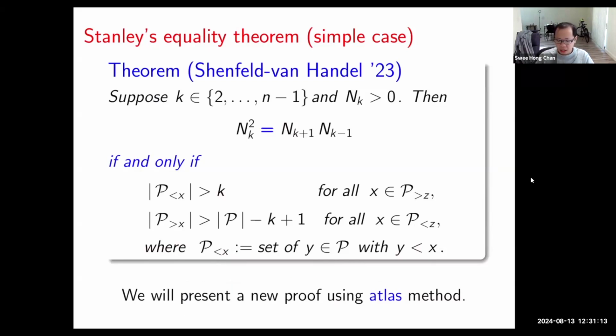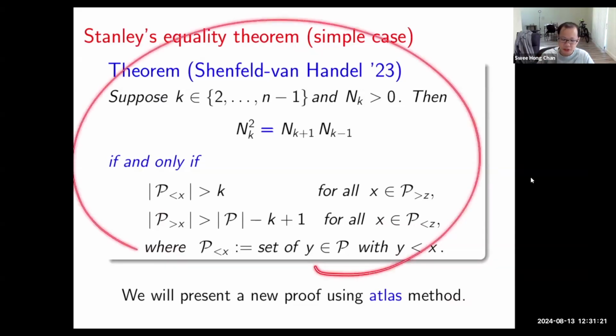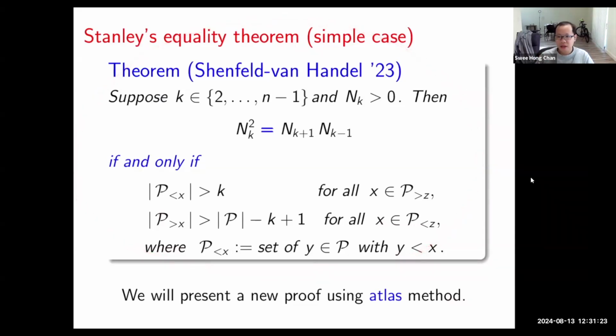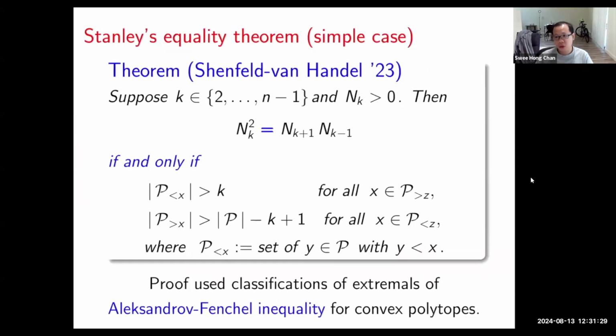But in any case, for today, we will not focus on the complexity part. We will only focus on giving a new proof of this result. By the way, how Stanton and Van Handel did this is also very nice.